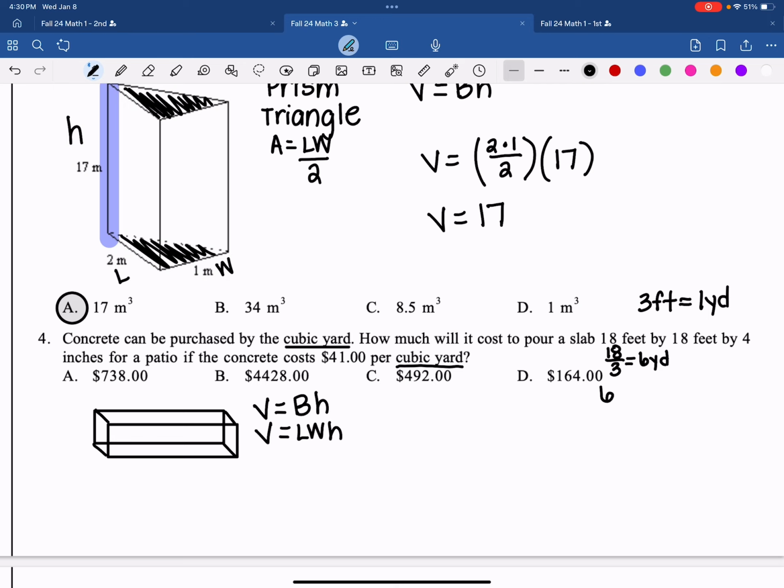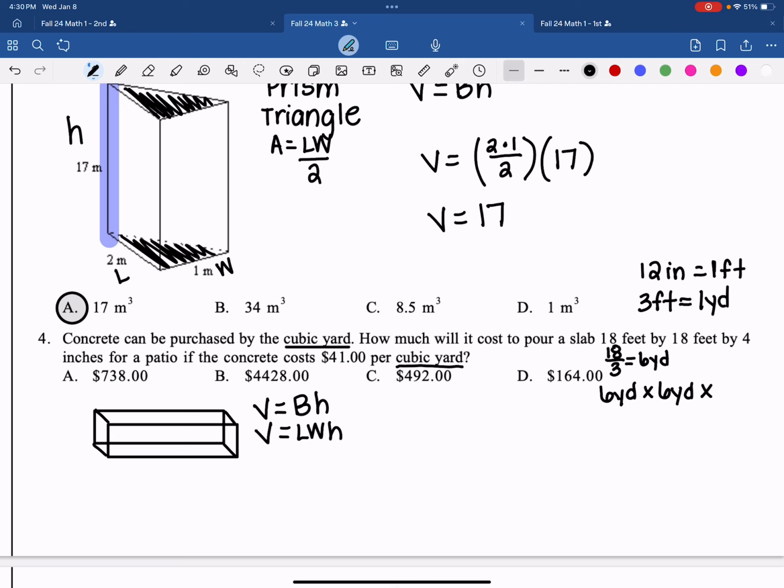So we've got a 6 yard by 6 yard, but then we have 4 inches, okay? So we've got to convert this as well. If I think about inches, there's 12 inches in 1 foot, and then 3 feet in 1 yard.